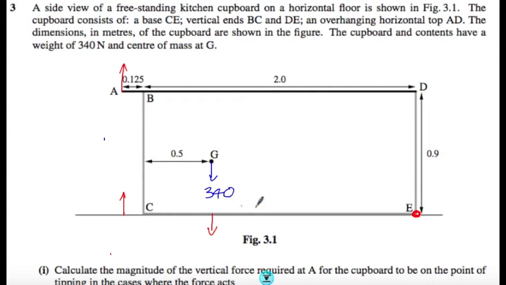This is just a bit trickier to work out the distances. The distance to the new force F is going to be 2 plus 0.125, so 2.125F. And that's got to equal 1.5 times G, so 340. I've just done 2 minus 0.5 there. So 1.5 times 340 is 510, divided by 2.125 is 240.